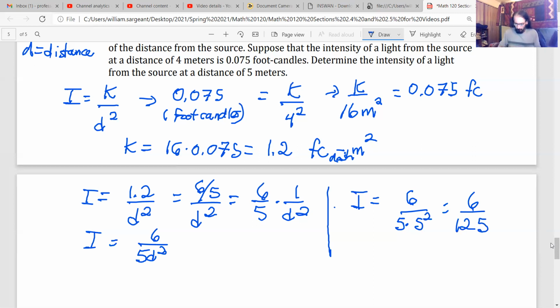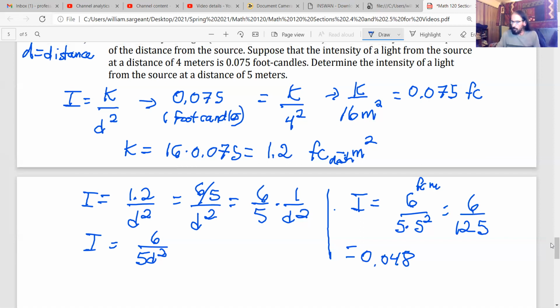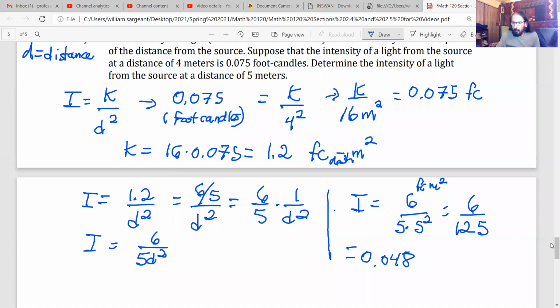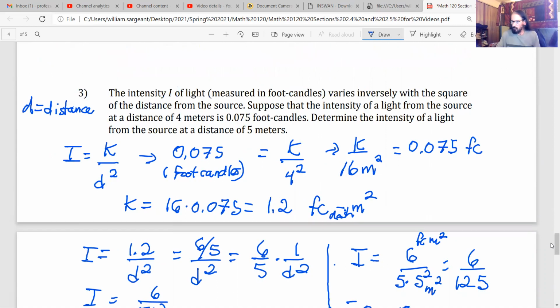Now that may be all they want, or it may just be that the formula was supposed to be simplified. If they do want a decimal, that would be 0.048. And since k was in foot candles meters squared, and this would be in meters squared, then those would cancel, and our answer would also be in foot candles.